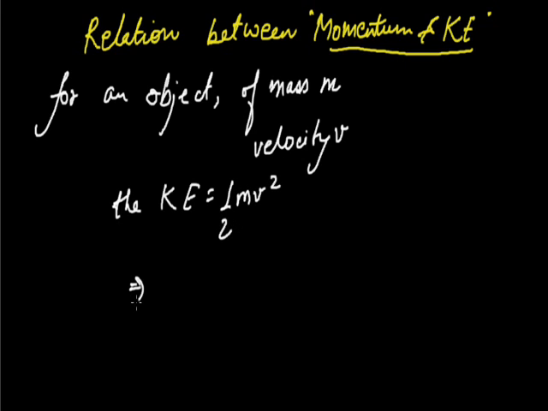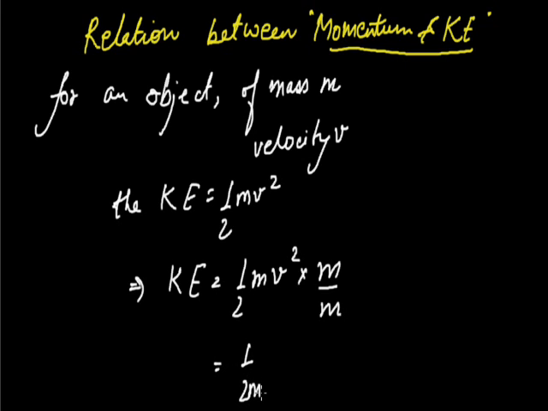Now, if we multiply this fraction by m and divide it by m, then there will be no effect on the value. We do this to get a relationship between the kinetic energy and the momentum. So we observe that it becomes 1 by 2m into (mv) whole square.